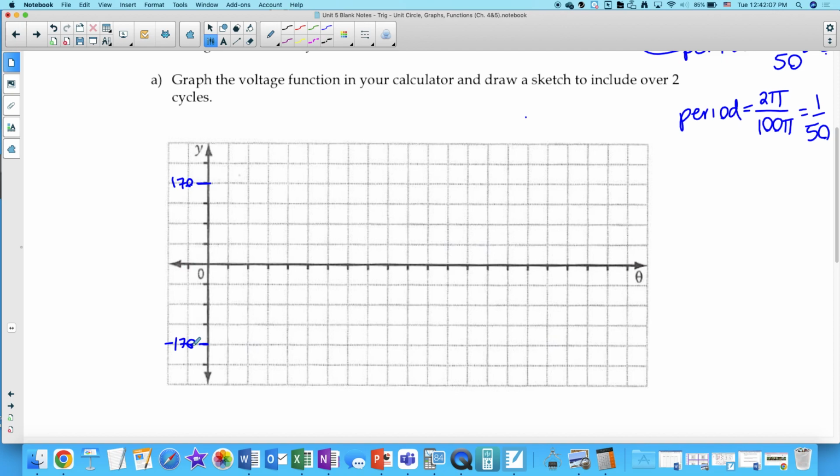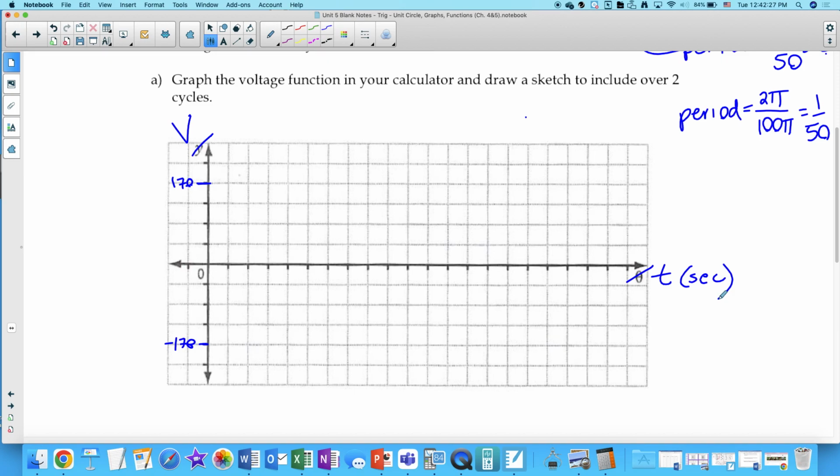Yeah. So essentially, I need my time. This is really actually voltage, and this is time in seconds. Right? So for my x min and max, I need it to go from 0 to 2/50ths of a second, 0.04 seconds.